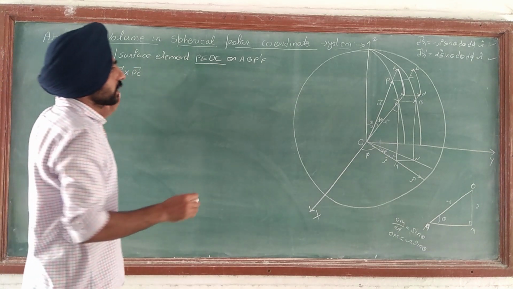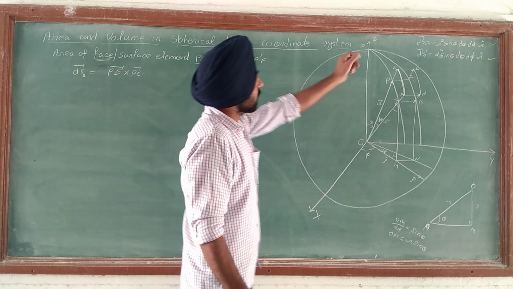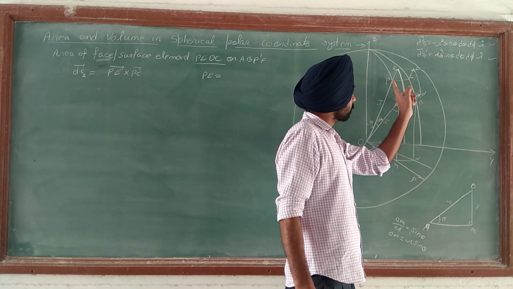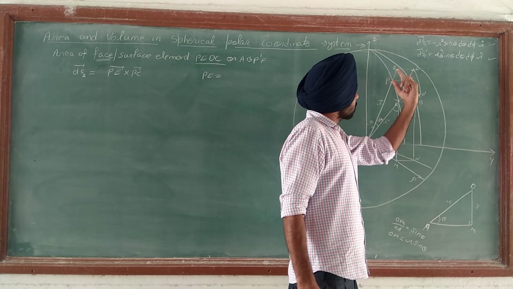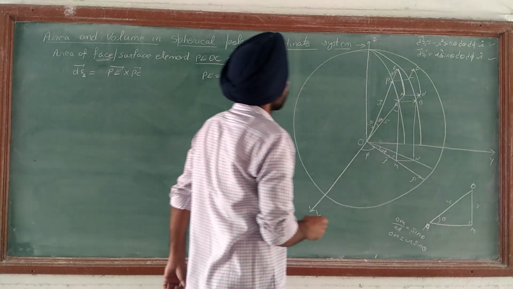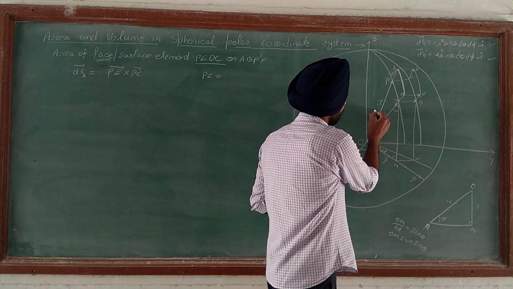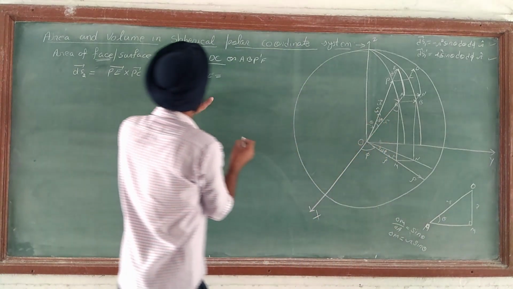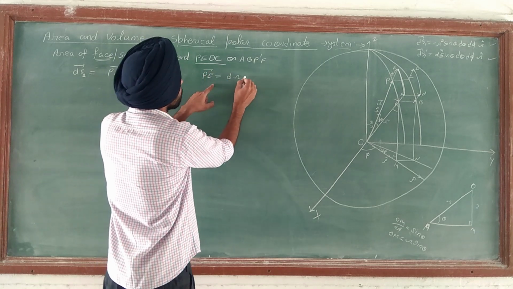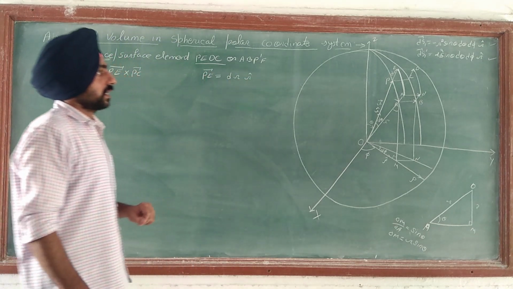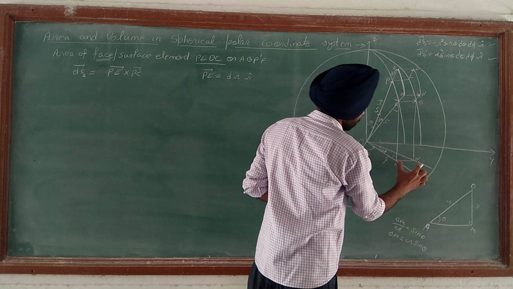So what is this PE? PE is due to the change in the position of the particle from point P to E. That means a small change dr, in the increasing direction of unit vector r cap. So we can write it as magnitude dr multiplied by unit vector r cap. Now this PC is equal to this MN.